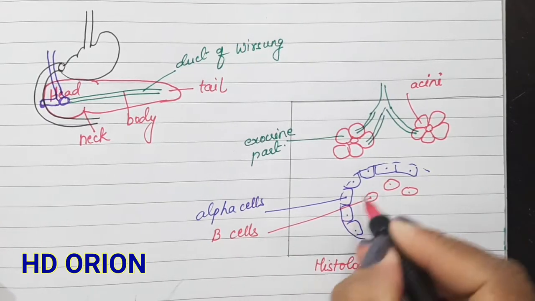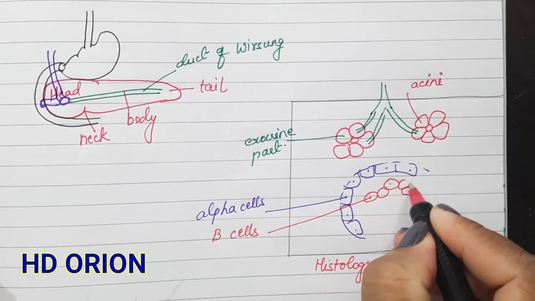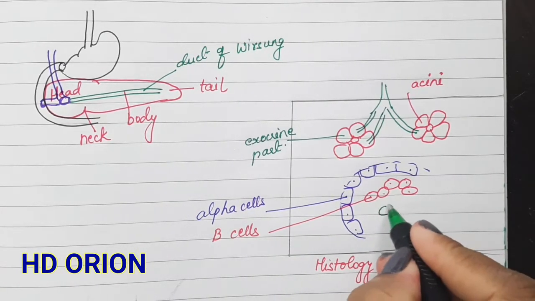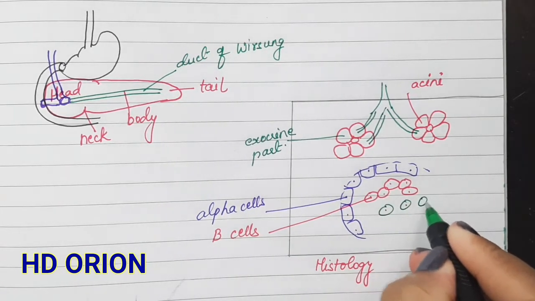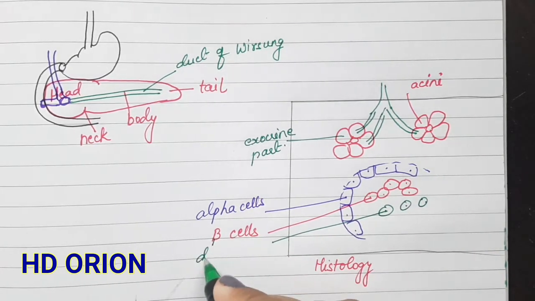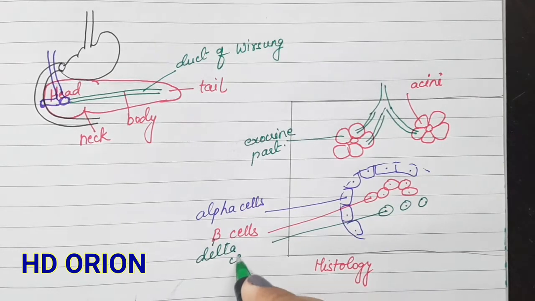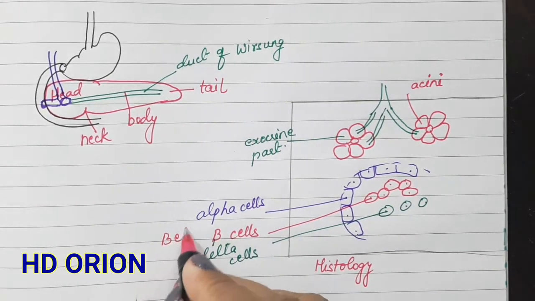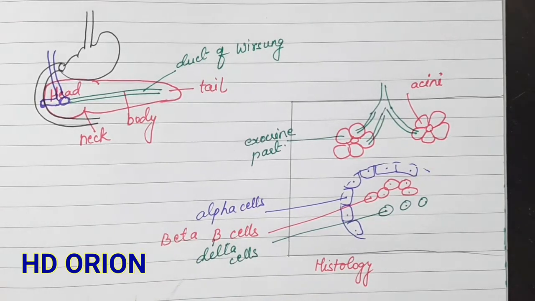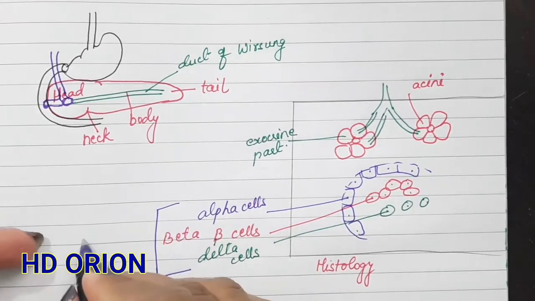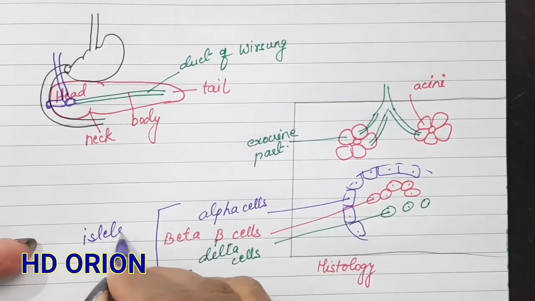These beta cells are present inward, and there is a third type of cells, which are known as the delta cells. So all these, the alpha, beta and delta cells, form the islets of Langerhans.